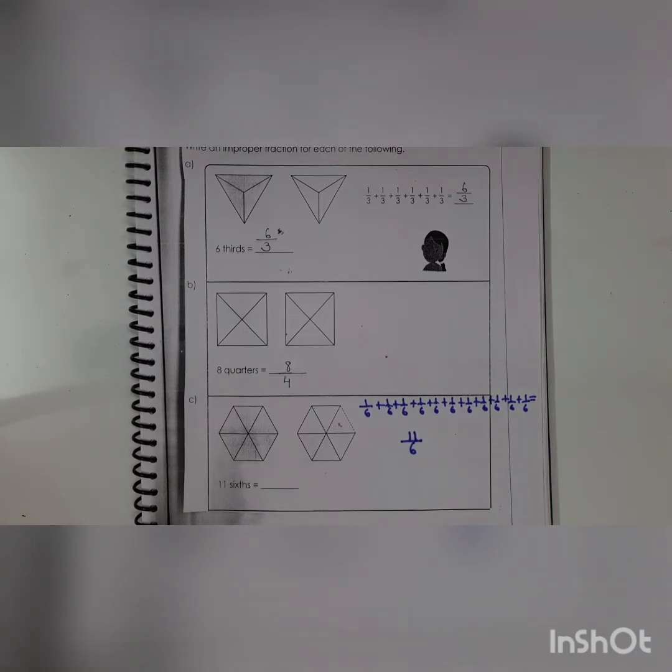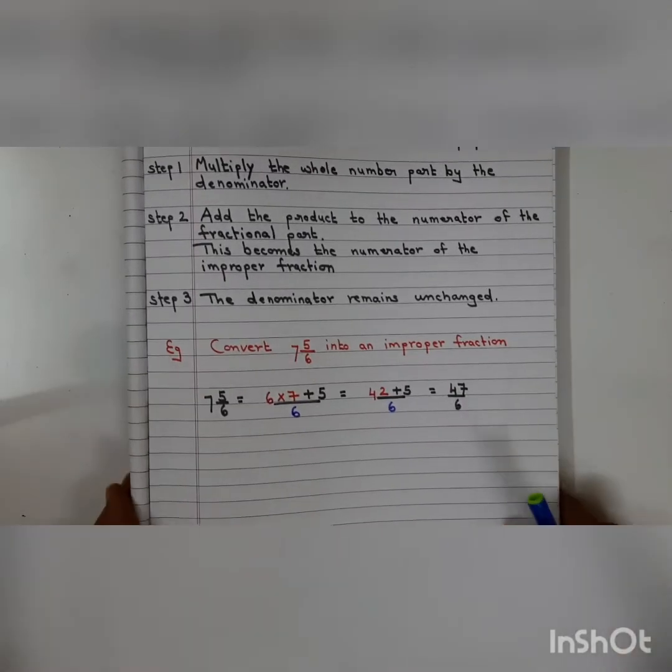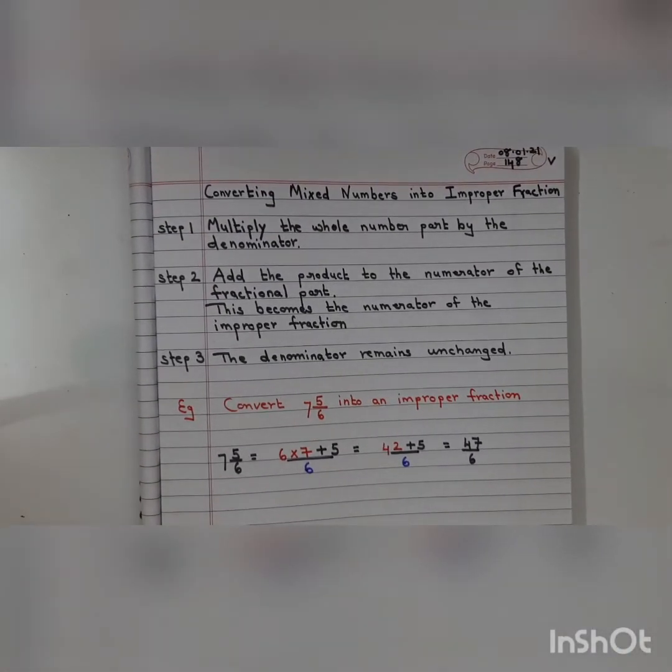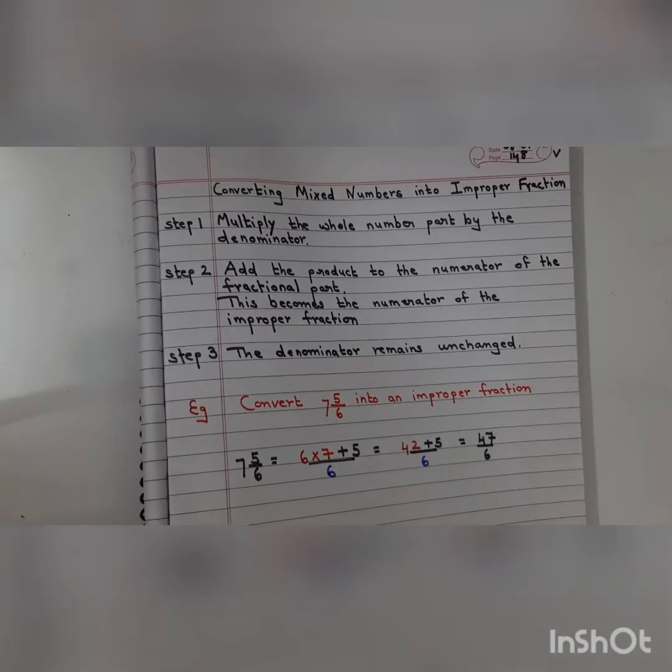Okay. Now children, today I gave you something to write during the class. Right? What you wrote is this: converting mixed numbers into improper fraction. Okay, first children, tell me what's an improper fraction. Come on. This also you have done it today. What's an improper fraction? You may pause the video, children, and think what is an improper fraction.